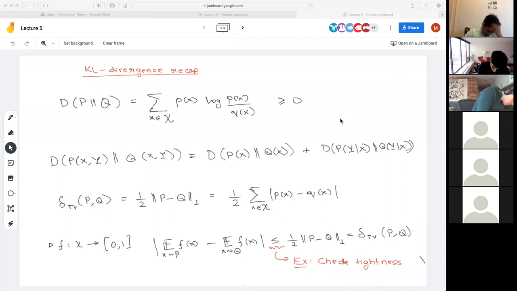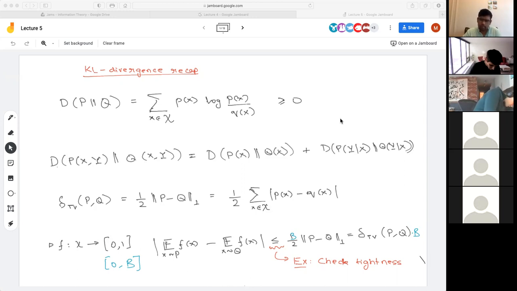And moreover, there's nothing special about the interval 0 to 1. So we could have any bound b, and here we would have b over 2 times the total variation distance.